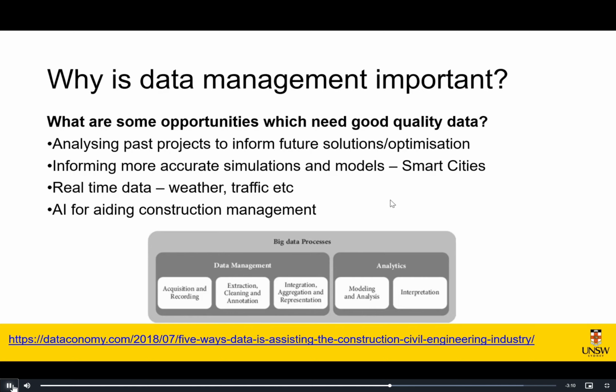So you may have heard of things like big data and the Internet of Things. And these are great ideas, but they really need to be based on good quality data, and that good quality data can be ensured by having good quality data management systems.